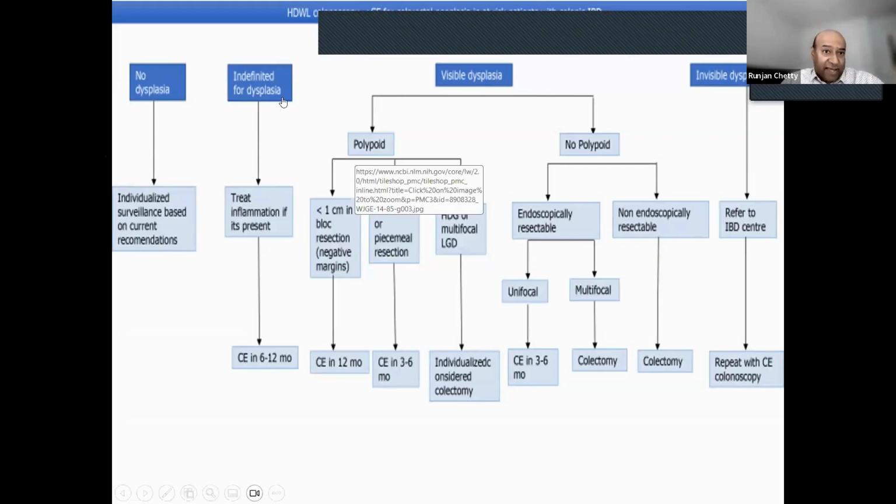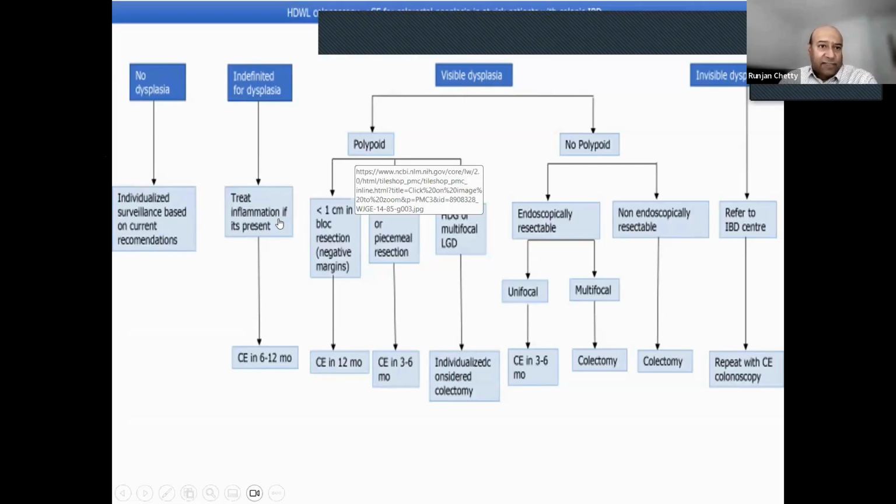If they think it's indefinite for dysplasia, treat any inflammation that is noted, which again is sometimes the cause for indefinite dysplasia. I generally don't use the term indefinite for dysplasia if there's ongoing ulceration and inflammation present.